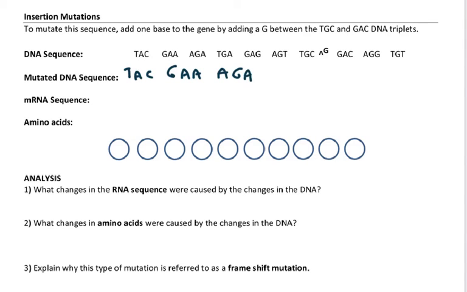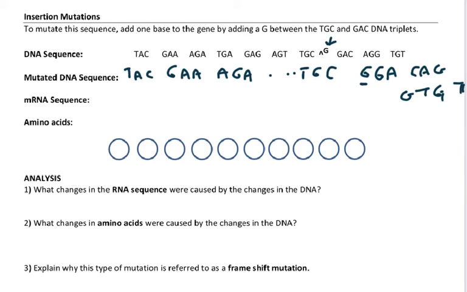However, once you get down here with this insertion, you're going to see a shift in the triplet sequence. We have T, G, C, but now we have G inserted, followed by G, A, followed by C, A, G, followed by G, T, G, and of course you just have this lonely little T hanging off at the end.